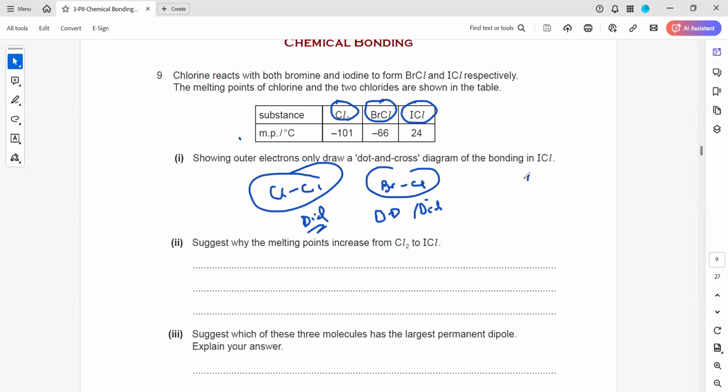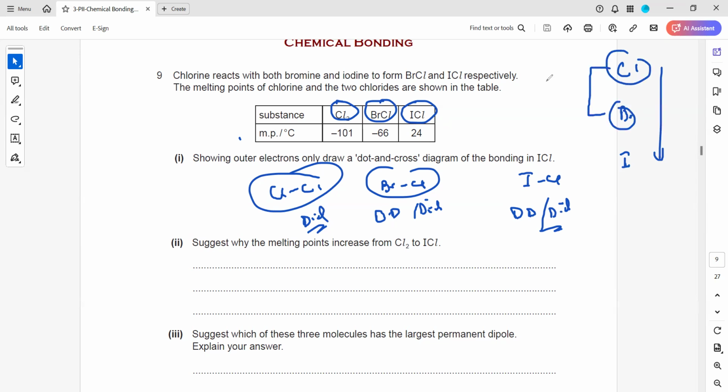When ICl is there, it will have the permanent dipole force and the dipole-induced dipole force also. And the same reason, as we go down the group, the electronegativity decreases. So a bond between chlorine and bromine will have a smaller difference in electronegativity as compared to chlorine and iodine.